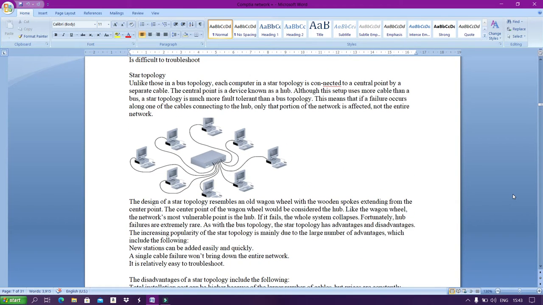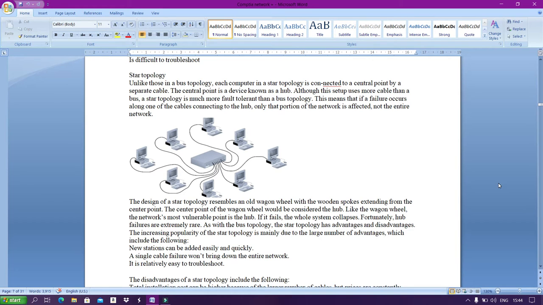Star topology. Unlike those in a bus topology, each computer in a star topology is connected to a central point by a separate cable. The central point is a device known as a hub, although this setup uses more cable than a bus. A star topology is more fault tolerant than a bus topology.